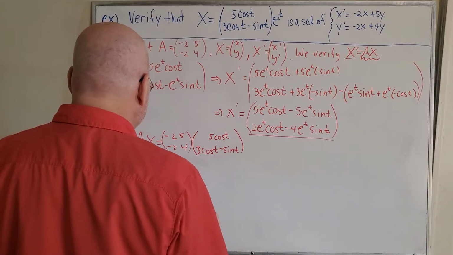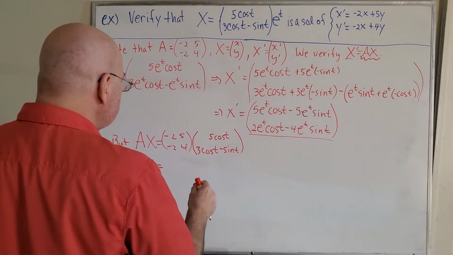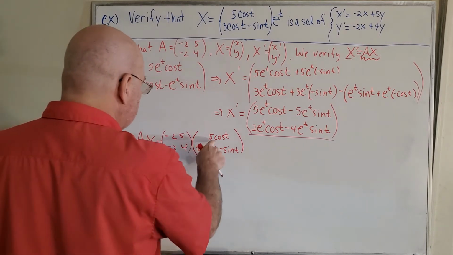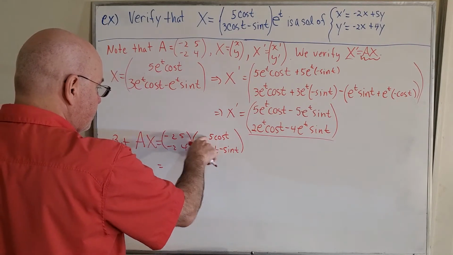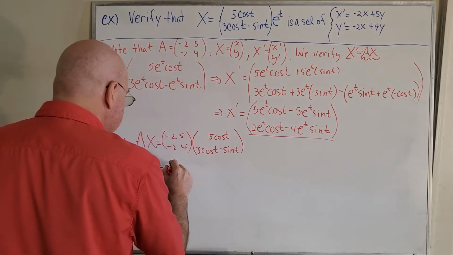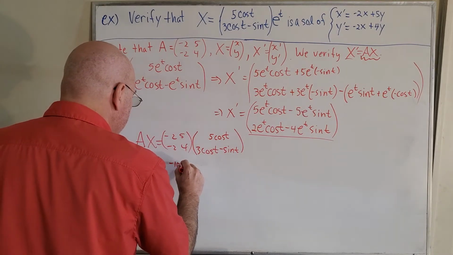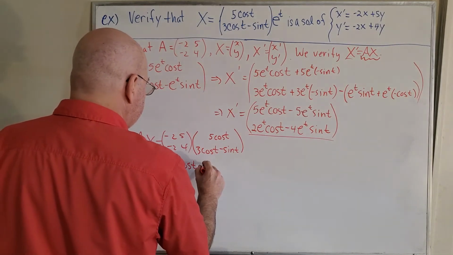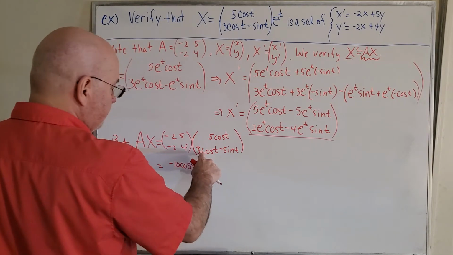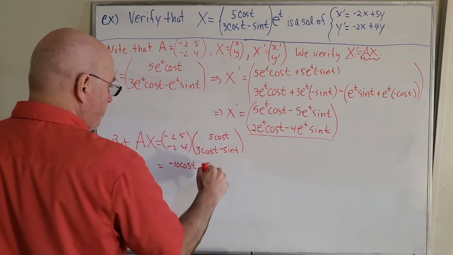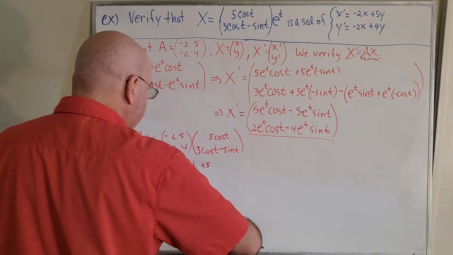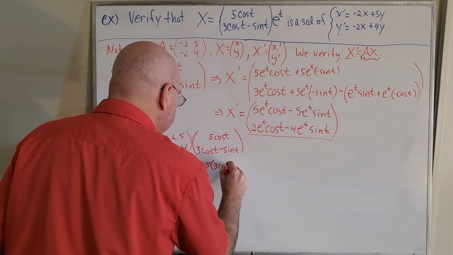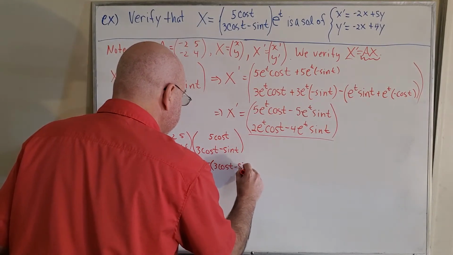So we need to multiply that out. So we're multiplying this row by that column. So -2 times this is going to be -10 cos t plus 5 times this, which would be, let me multiply that. I'll write it like 5 times 3 cos t minus sin t.